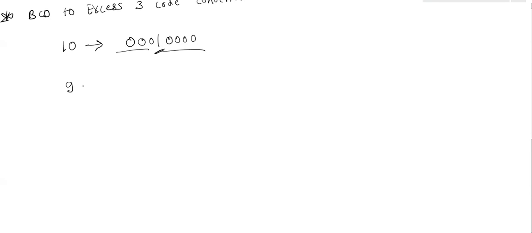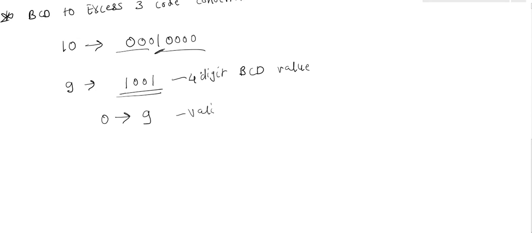So let's take the 9. 9 in binary is 1001, a 4-digit binary or BCD value. So in our conversion technique, we are going to consider the values from 0 to 9 as the valid BCD values.